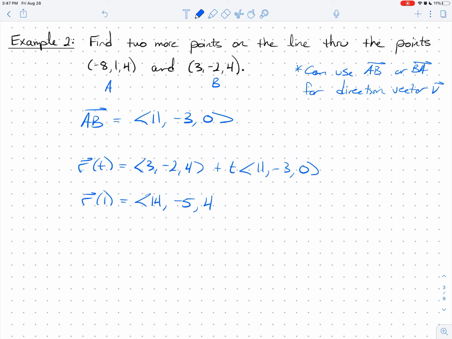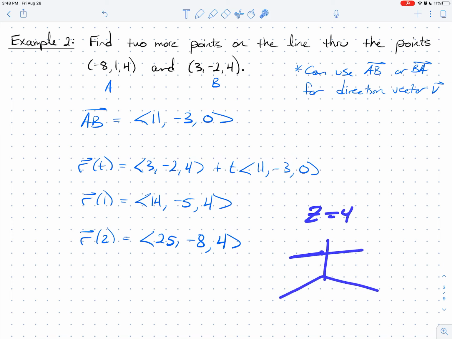That's a point on this line. And I could also do r of 2, and I'm going to get 22 plus 3 is 25, negative 6 minus 2 is negative 8, and then I'm again going to get a 4. You can already see this line is living in the z equals 4 plane. The z is always 4.